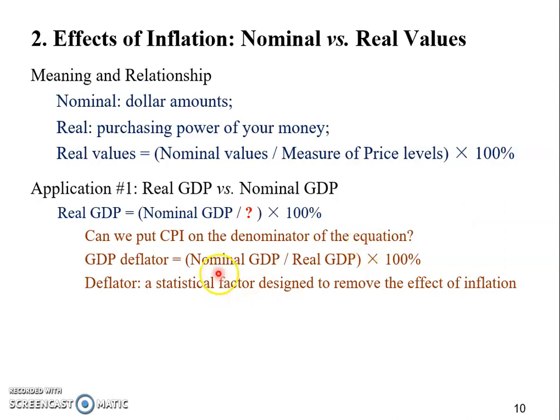Now, once again, we will be able to do this simply because back in chapter 10, we already knew how to calculate nominal and real GDP. Once we get the historical price and quantity information and the current price and quantity, we will be able to figure out these two. So the ratio will give us the GDP deflator.